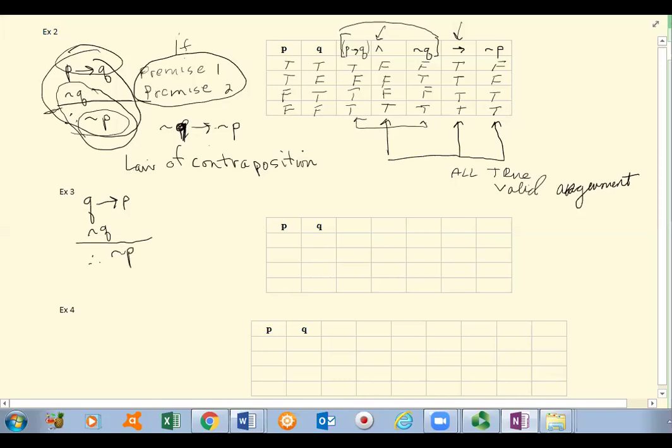If Q then P. This says if Q happens, P will happen. See, you can't read things into it. It only says that if Q happens, P will happen. It does not say what will happen if Q does not happen.